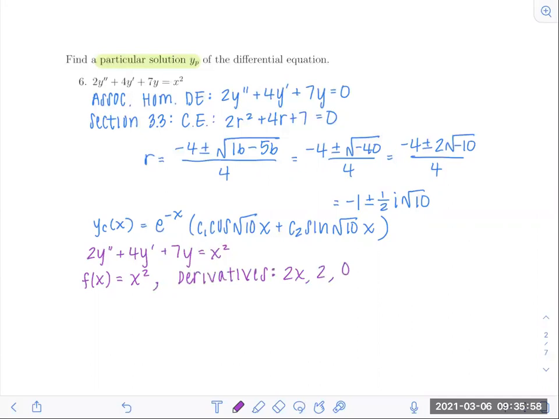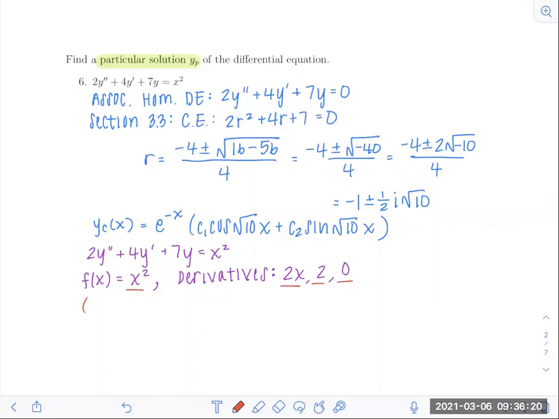So now I want to take a look at each of these terms here in f and the associated derivatives. Now, I want you to recall that we'll be taking a linear combination of the linearly independent terms. Because we're taking a linear combination, I don't care about the coefficients because I'm going to slap an a and b in front.